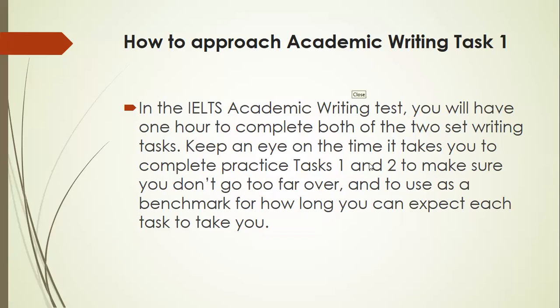Keep an eye on the time it takes you to complete practice task 1 and 2 to make sure you don't go too far over, and to use as a benchmark for how long you can expect each task to take you.